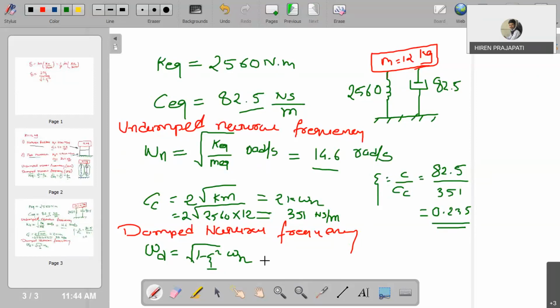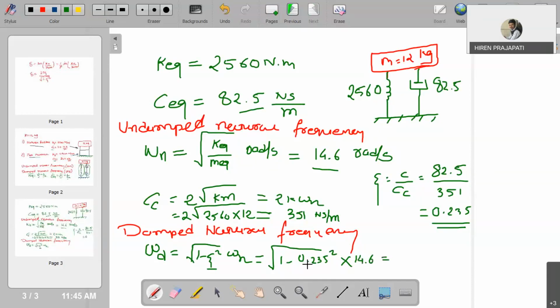Fine. Now just put here square root of 1 minus zeta square. Zeta is 0.235, squared. Omega n is 14.6.